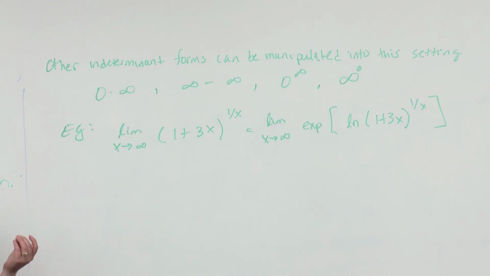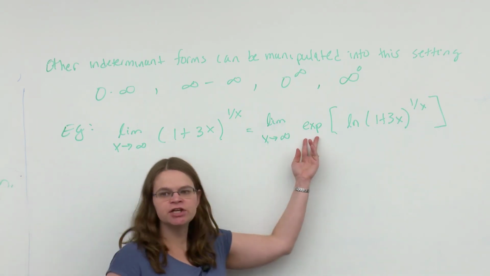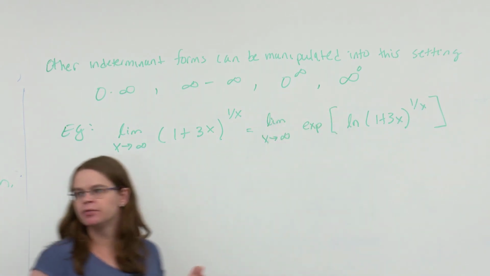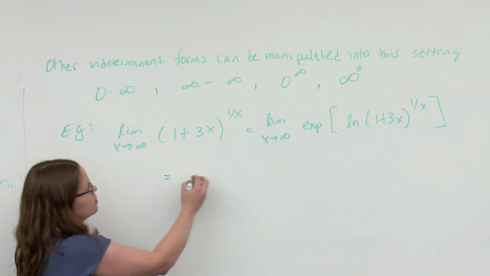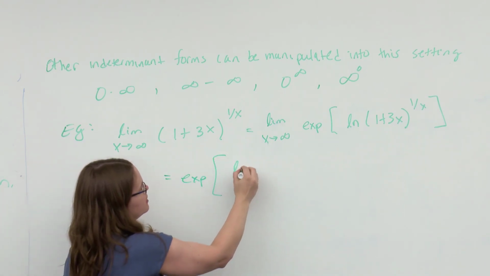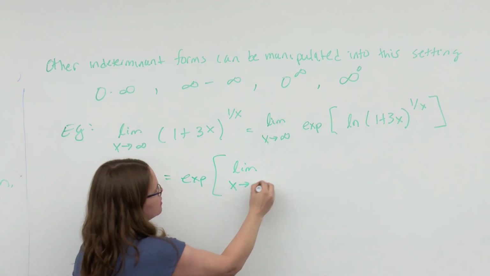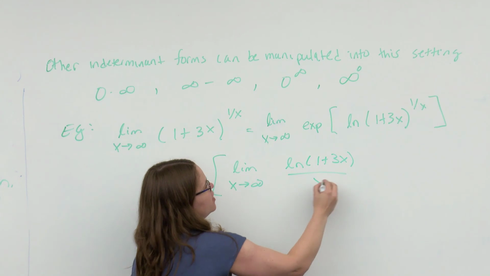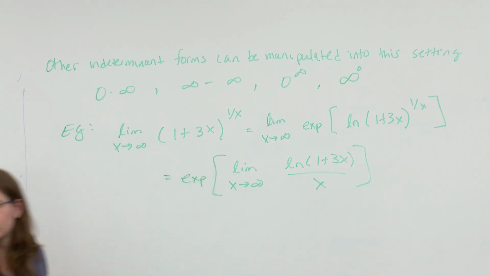Right, and then even better, because we know things about continuous functions and how that relates to limits. Since the exponential function is a nice continuous function, this limit can pop into here. So this is the exponential of the limit of log of (1 plus 3x) divided by x. Right, 1 over x comes down.